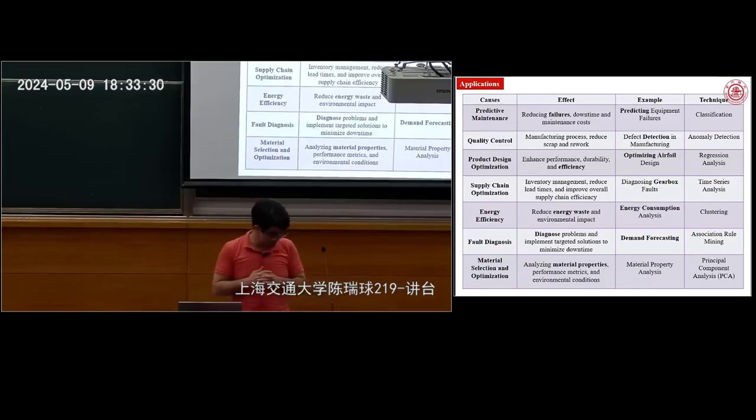I bolded some vocabulary in these tables. You can see in the effect column what the effects are in this data sampling. You want to reduce failures, costs, or maintenance, or increase performance efficiencies, especially harvesting energy or decreasing energy waste.